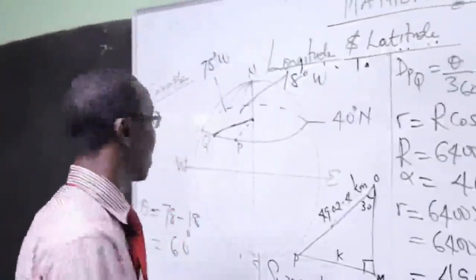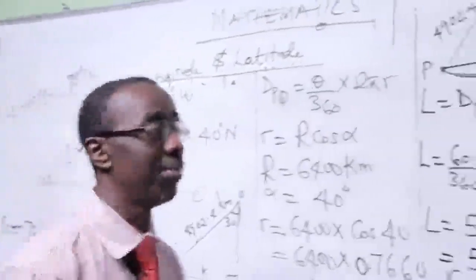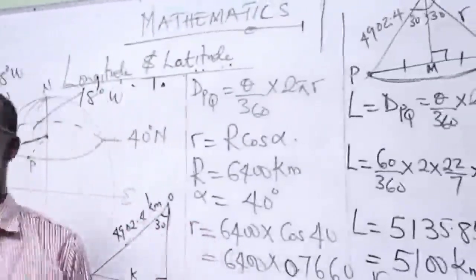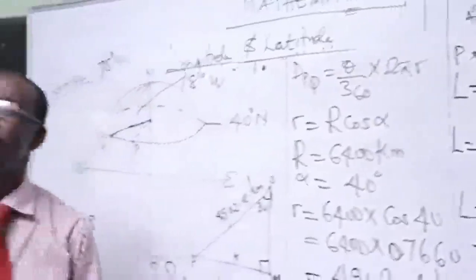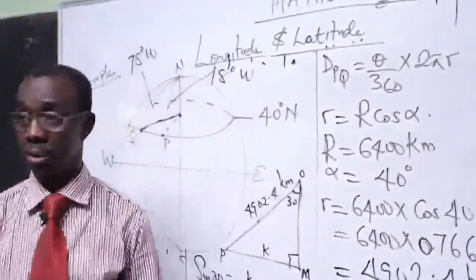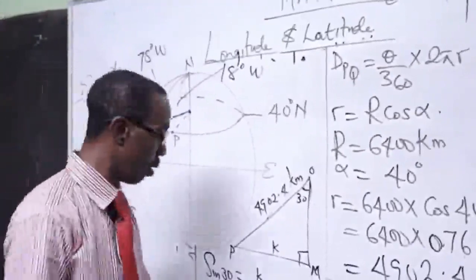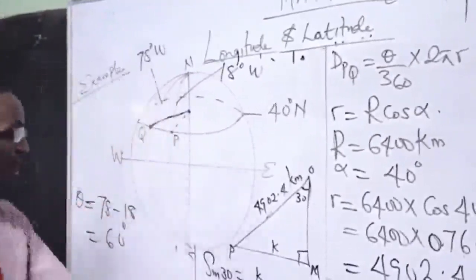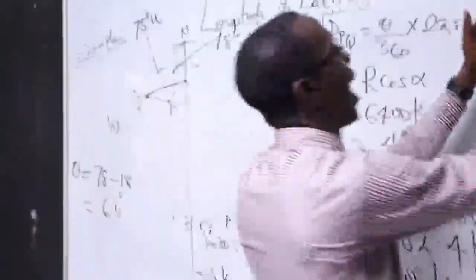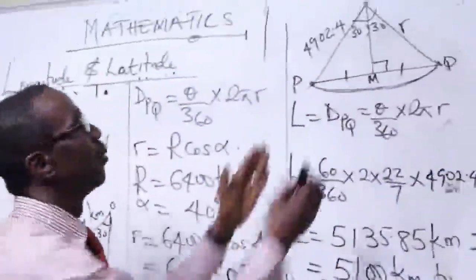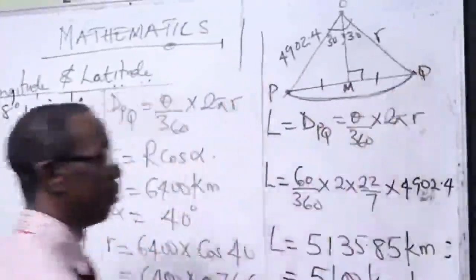All right. The last question under this observation is the angle that PQ subtends at the center of the earth. Before we leave that, it is just the half we have gotten. We want to get chord PQ.